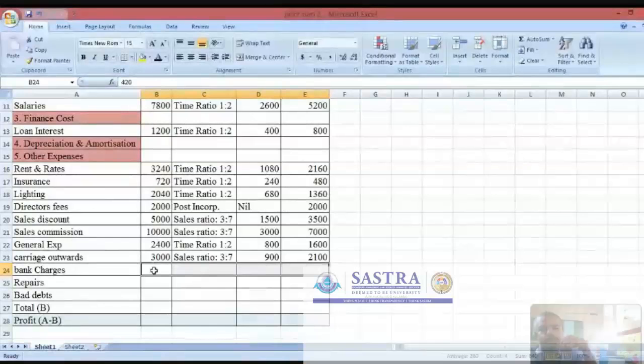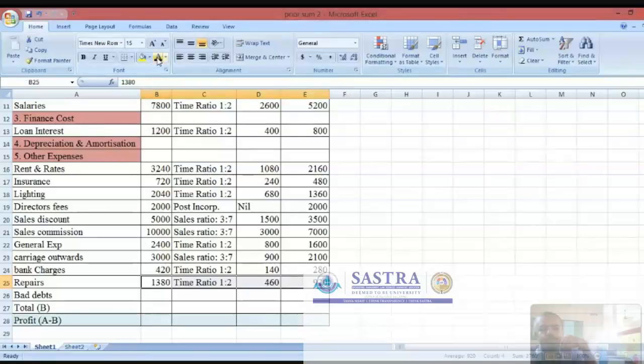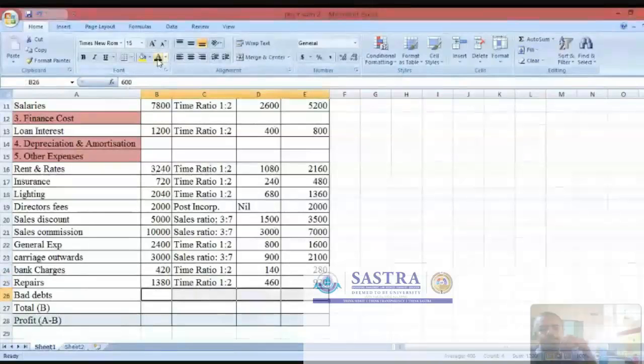Nowadays even SMS charges, 17.5 or 17.8 rupees, are calculated. So it is a one year service, and it will be distributed according to the time ratio: 140 and 280. Repairs is going to be time ratio. Bad debts, as I said, is a sales ratio, and is distributed by sales ratio.